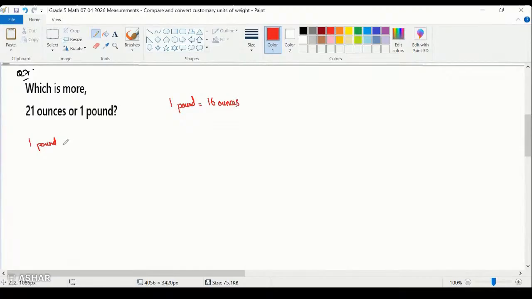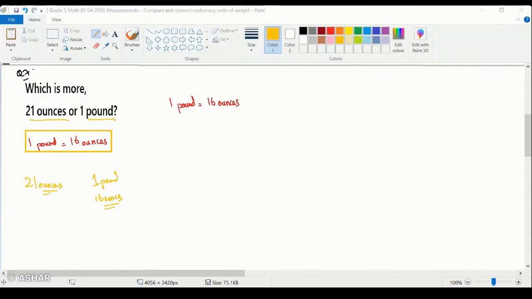Agreed? So when we compare them, we had two values to compare, 21 ounces or 1 pound. We can convert 1 pound into 16 ounces. Same units. Which should be heavier?